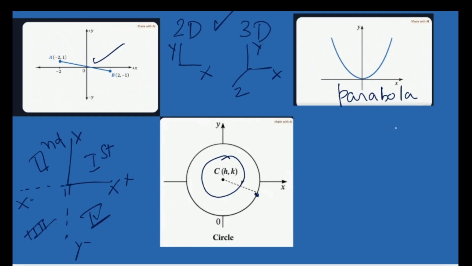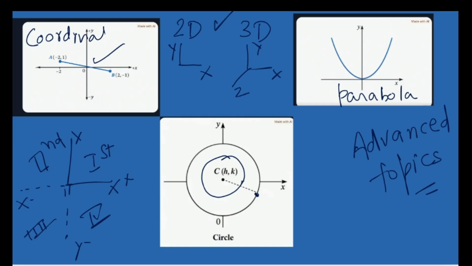So these are the advanced topics, and this is included in coordinate geometry. This is included in analytical geometry. Basically both things are the same, but there is a minor difference that we can differentiate.